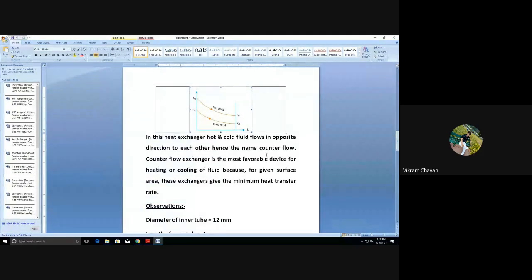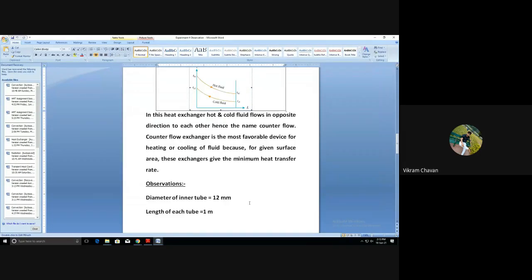If you consider the same heat exchanger for the parallel flow and the counter flow, you will get the same surface area for both flow arrangements, and in that case for the same surface area you will get the maximum heat transfer rate in case of counter flow heat exchanger as compared to parallel flow heat exchanger.